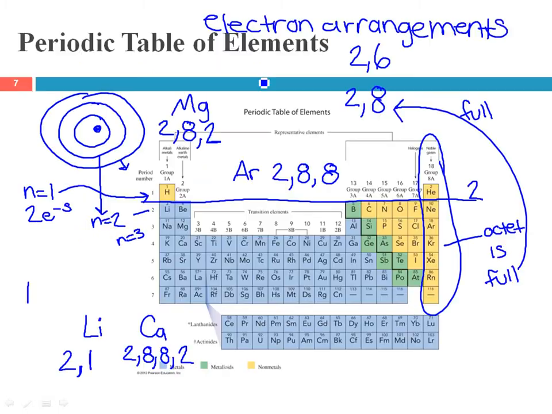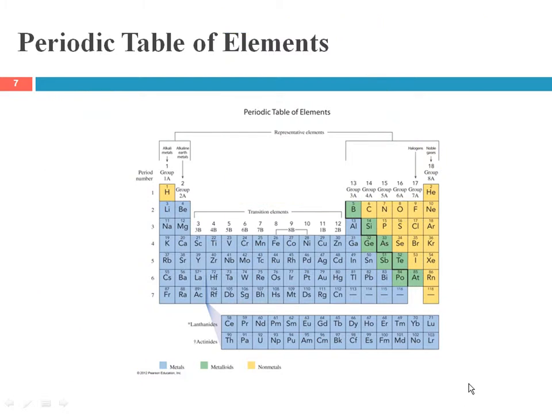There'll be a lot of flipping back and forth. We may lose my writing. So here's sulfur. As we move across, we're going to go past both of our electrons in the n equals 1, or our first period. So we've got 2. So better yet, let's erase here. So we've got sulfur here.